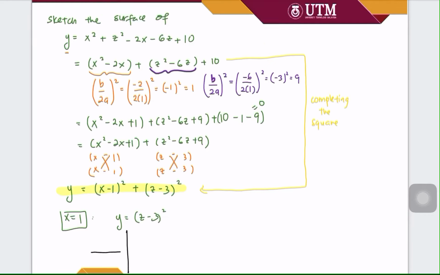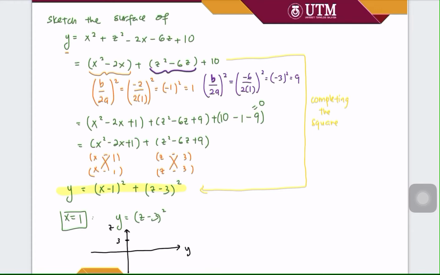Basically, the basic graph is y equal to z squared, isn't it? So y equal to z squared, with y here, z here. Z is shifted to 3.